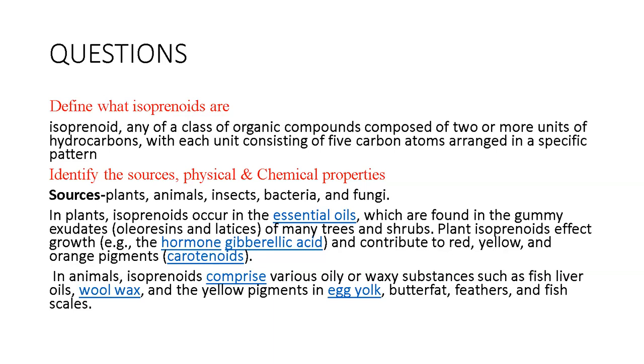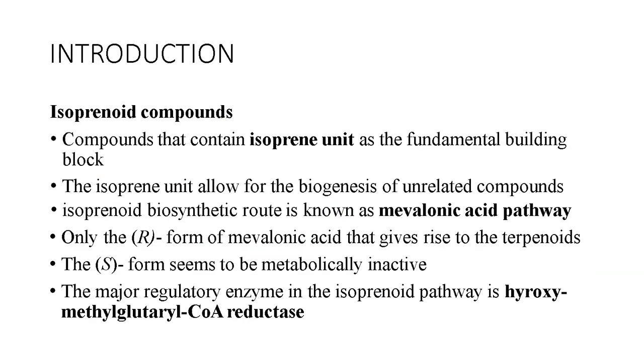So the introduction bit: isoprenoid compounds are compounds that contain the isoprene unit as fundamental building blocks. If there's a question like, what are the building blocks for isoprenoids? You'll just know that they are isoprene units, hence the name.